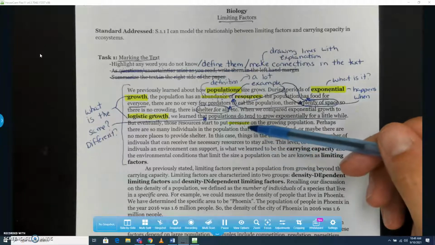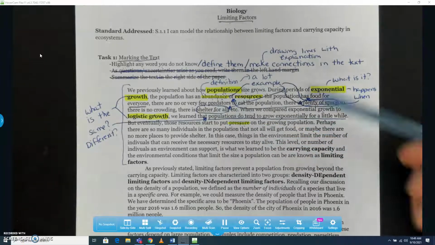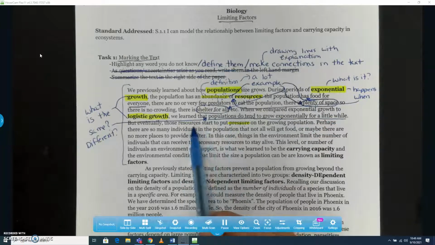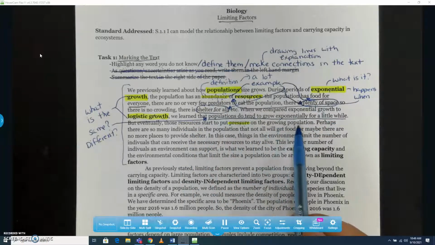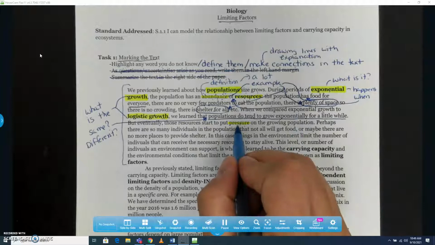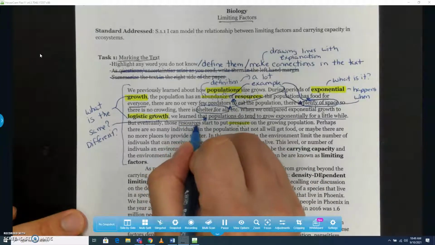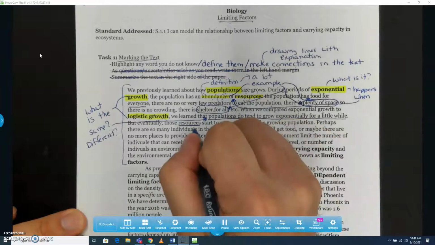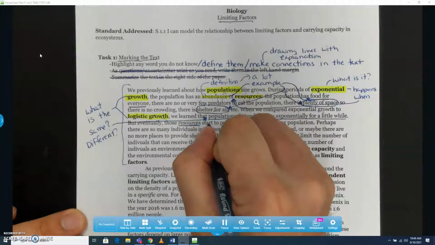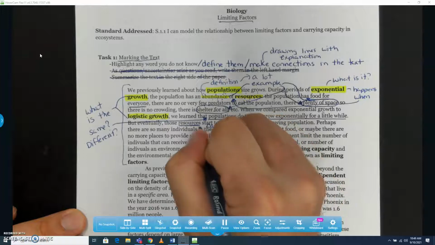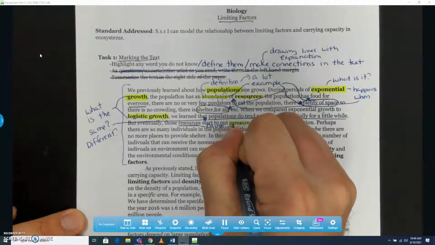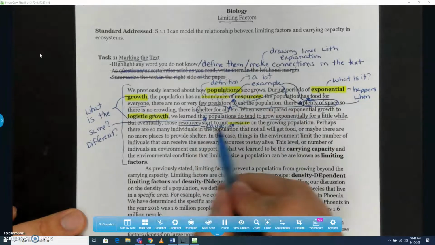Maybe we can find a different definition to the word pressure. So we start to put pressure from the resources on the growing population. Okay, what's putting pressure? Looks like the resources. So it looks like resources cause pressure. That's what I'm seeing.